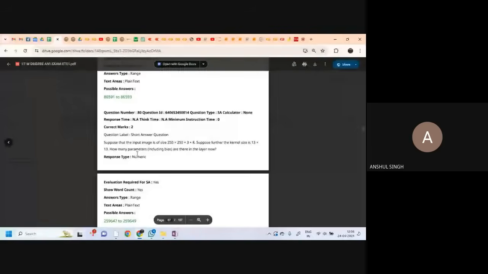Then we have to add the 3 also, and take the 8 also, with 64 filters. Then the answer will be 259648. We multiply the kernel size by this 3 into 8 and then add the bias of 64.